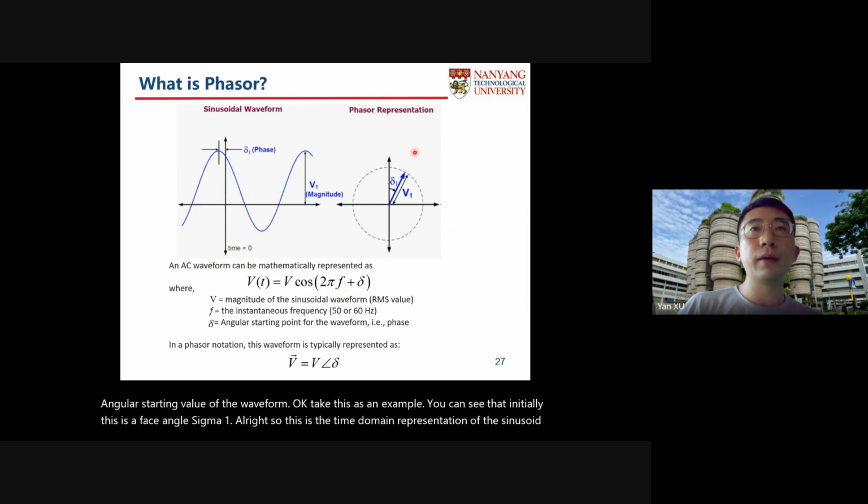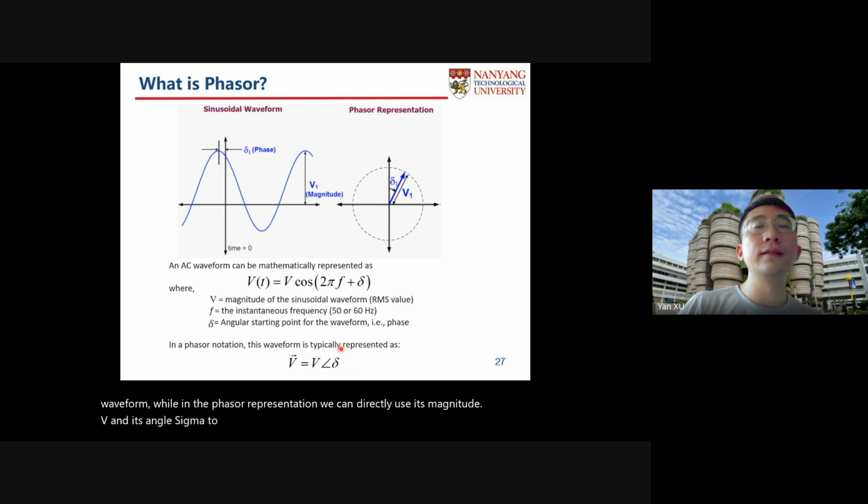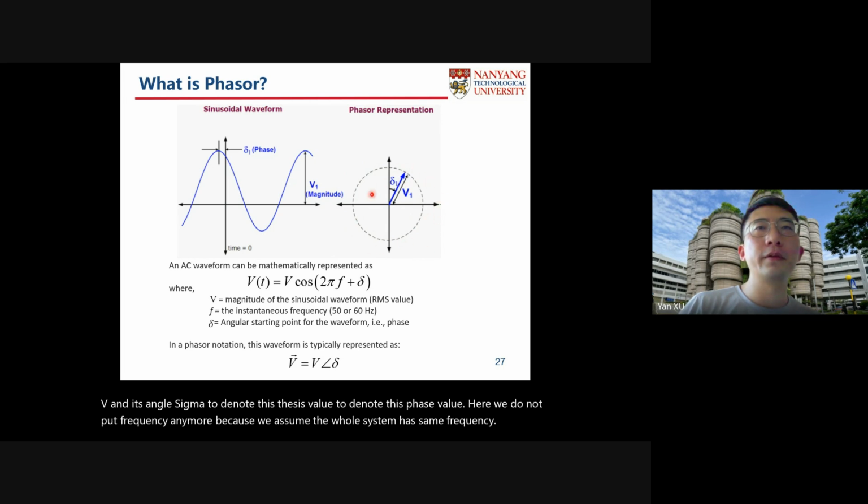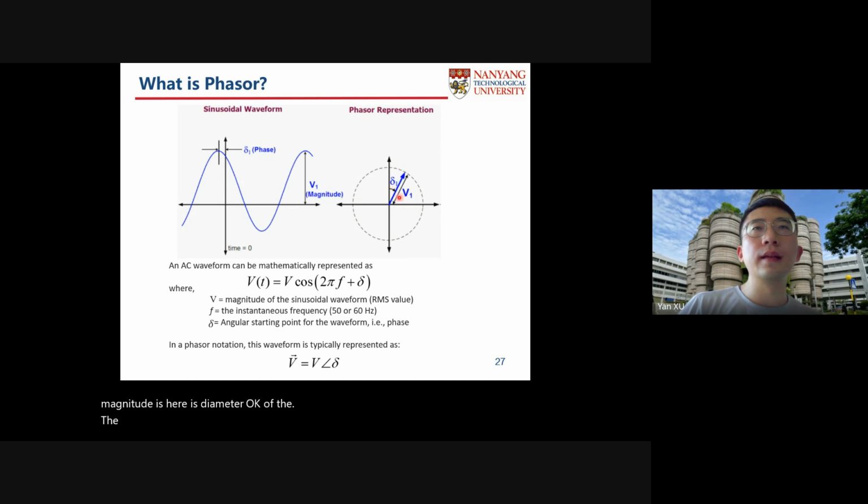In the phasor representation, we can directly use its magnitude V and its angle sigma to denote this phasor value. Here we do not put the frequency anymore because we assume the whole system has the same frequency. You can see here in the phasor representation, the voltage magnitude is the diameter of the circle, and sigma is the starting value of this complex number.